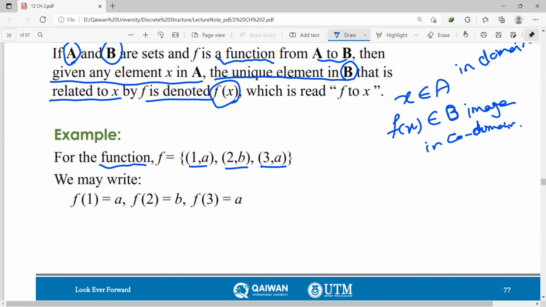Here, these first elements are in the domain. So that means f of 1 equals a, f of 2 equals b, and f of 3 equals a. Always the image of the first equals the second.